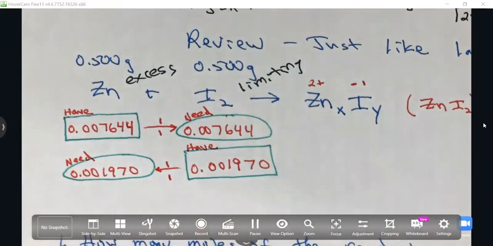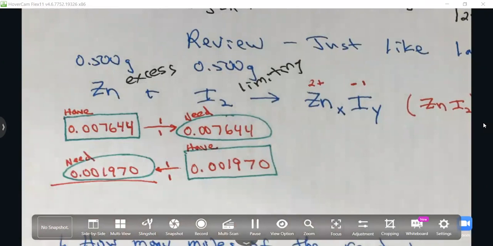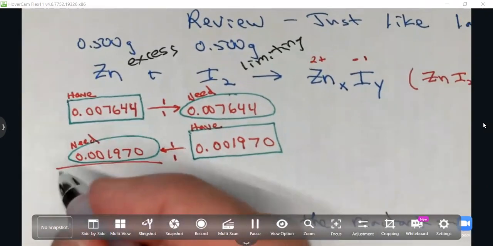So the question is, how many moles of the reactant in excess are left over? And up here, this is my excess. So this is going to be my moles left over right here.